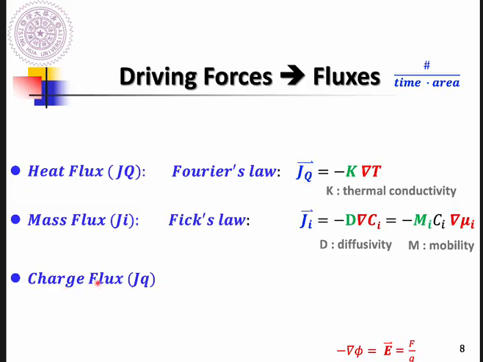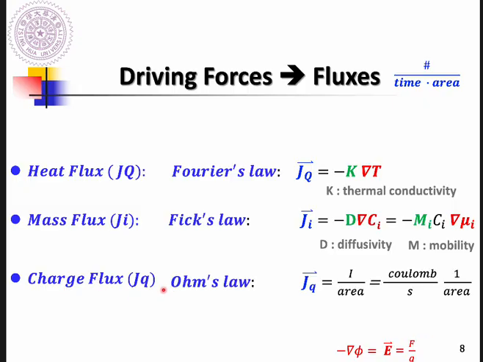Regarding the charge flux, which means like current passing through your materials, the most famous one is Ohm's law. J_q is the current density, which is the current I divided by area, so we call it current density.